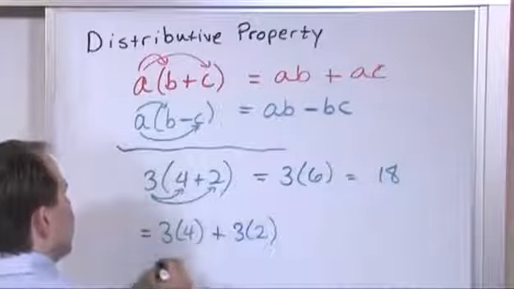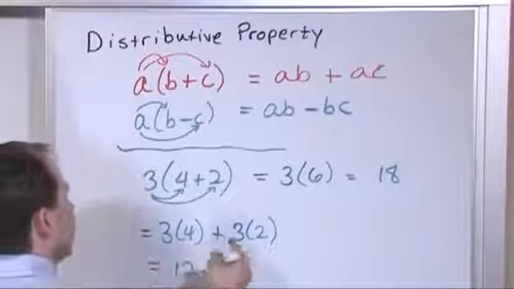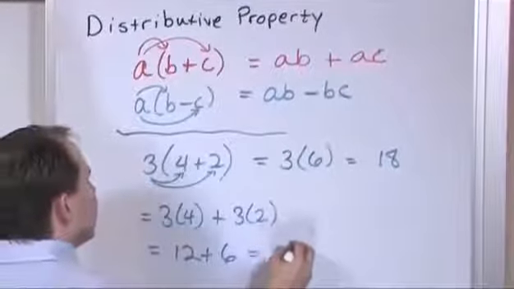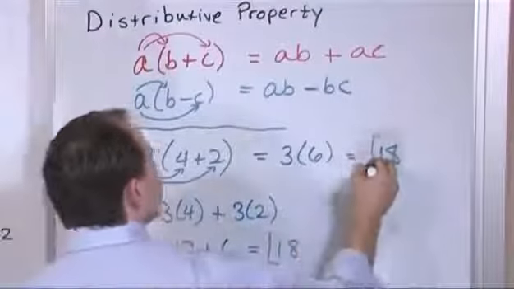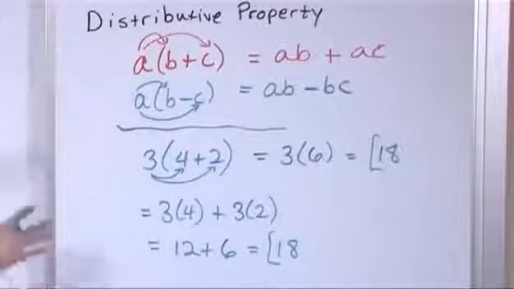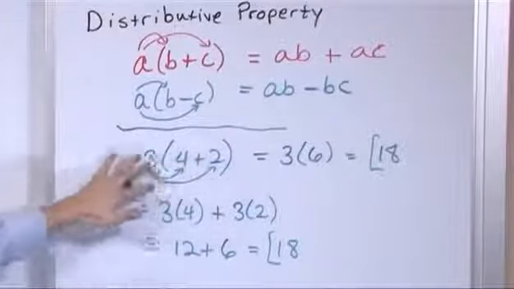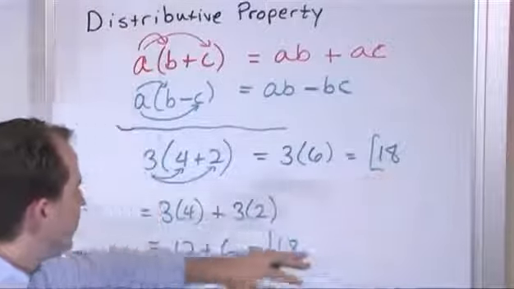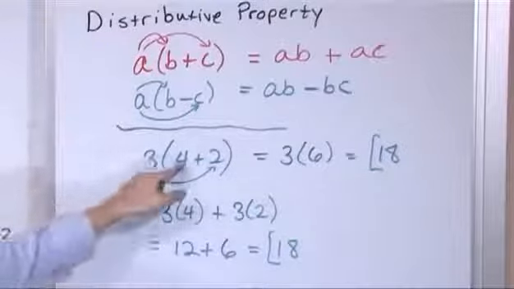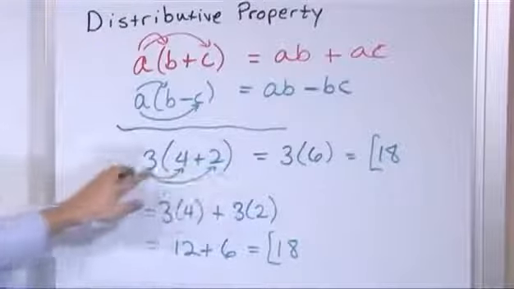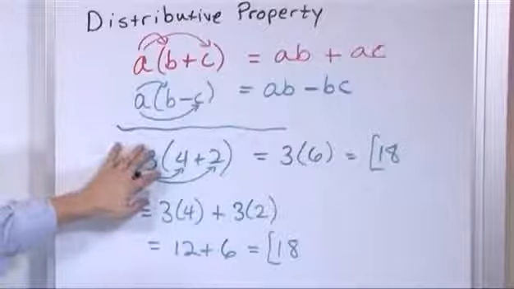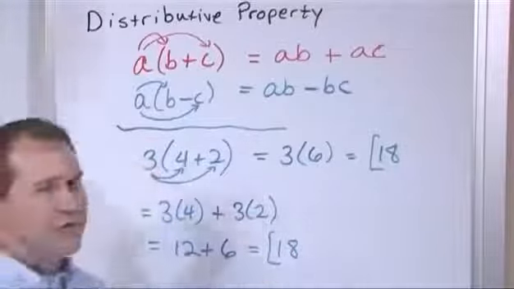And so when you do this, 3 times 4 is 12 plus 3 times 2 is 6, and you're going to get 18. So you get the same answer in both cases, and that's really proving to you that it works. If you evaluate it in terms of order of operations, you get the answer, but it's exactly the same thing as taking the outside number and distributing it in. It could be a letter, could be anything out here, but you have to distribute it into each term individually.